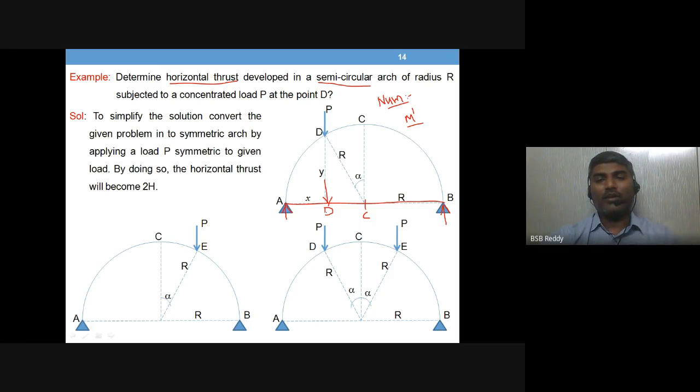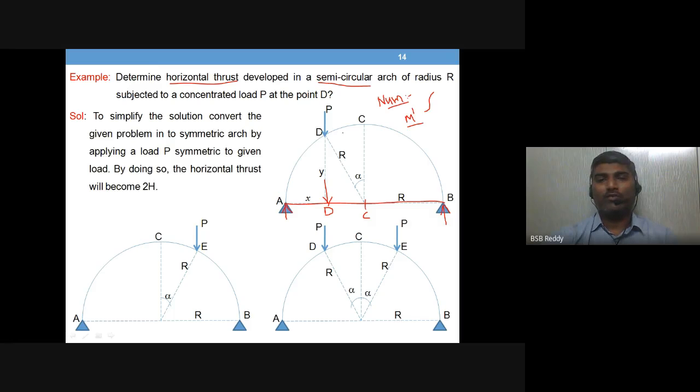If it is just a beam, we will go with two moment equations, one in AD and another in BD. Why has C come into the picture? Because you are writing the moment equations for the arch, where your integration process involves the total arch.